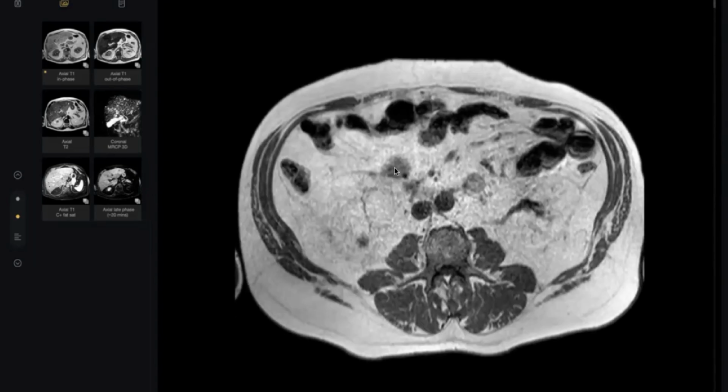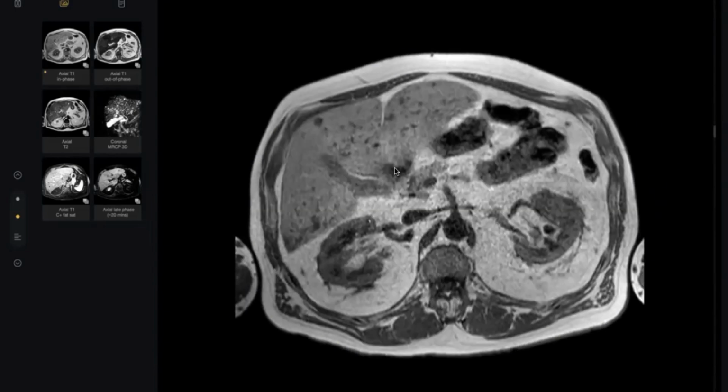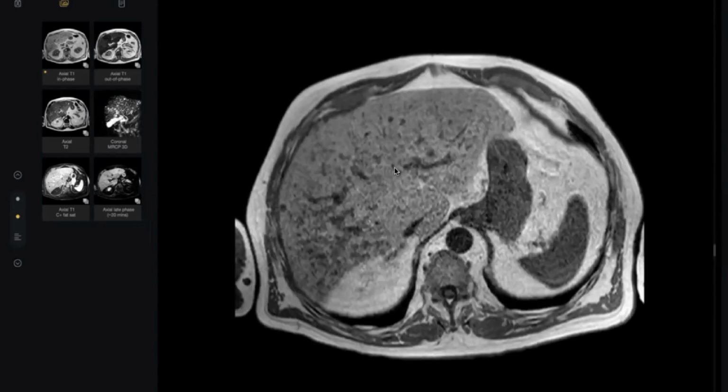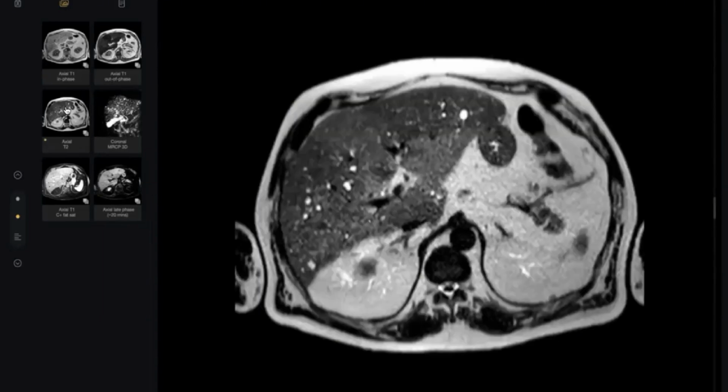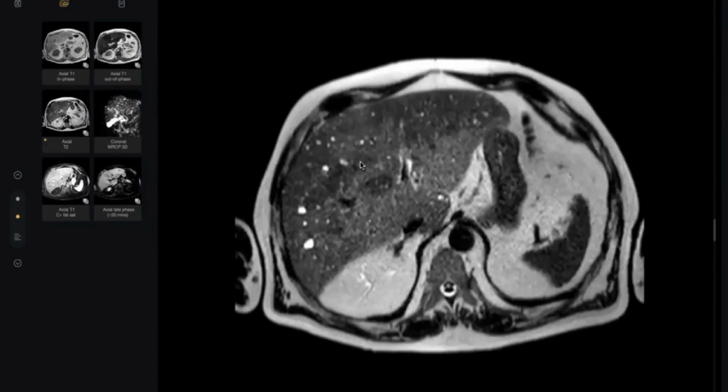So the liver shows normal, regular margins. I can see that the gallbladder is collapsed. There is mild fat stranding in the kidneys bilaterally. I cannot see any lesion in the liver on the T1 sequence.